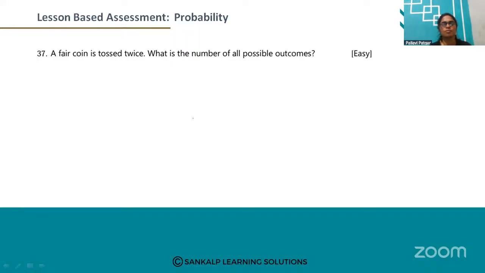Possible outcomes for the first toss is 2, head or tail, and possible outcomes for the second toss is 2, head or tail. So the total number of outcomes is 2 into 2, which is equal to 4.